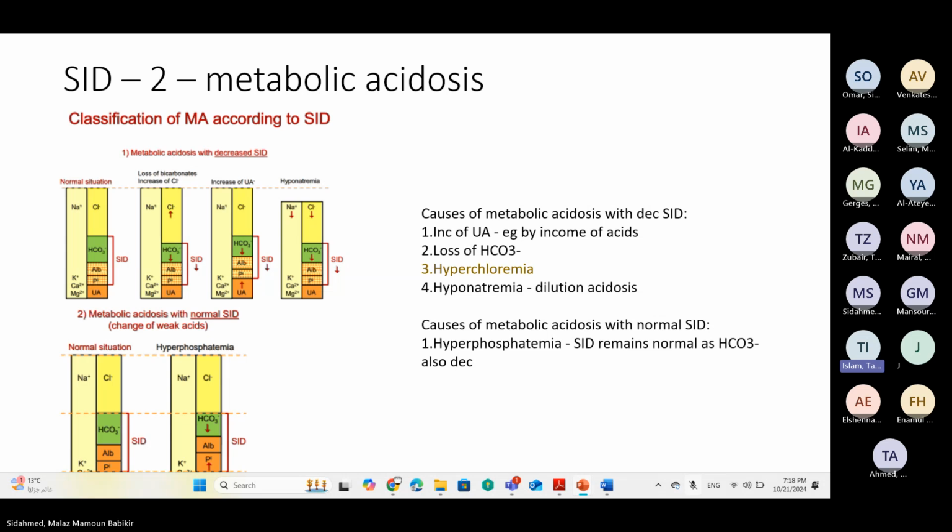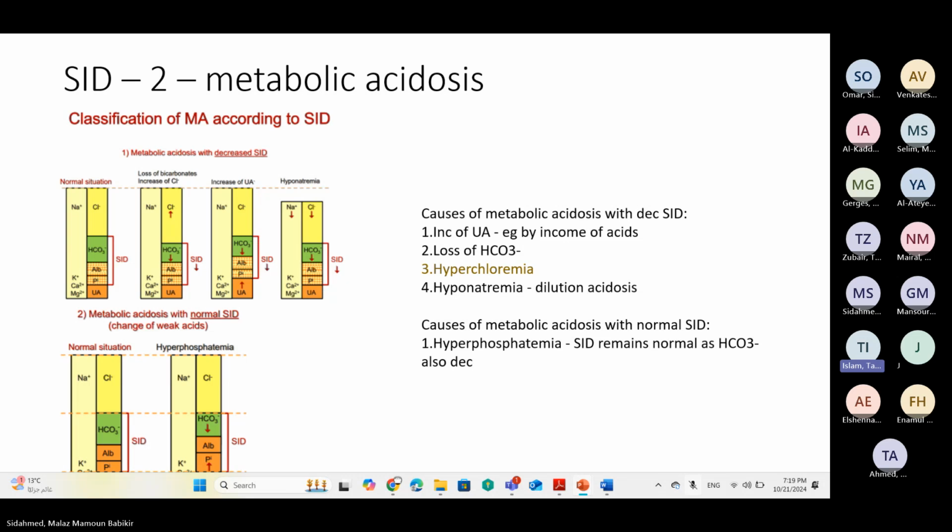So, for decreased SID, you can either have an increased amount of UA, which would decrease the parameter of SID, or loss of bicarbonates, or hyponatremia or hyperchloremia. The reason why hyperchloremia would lead to decreased SID is that if chloride increases, other things must decrease, and therefore SID decreases.